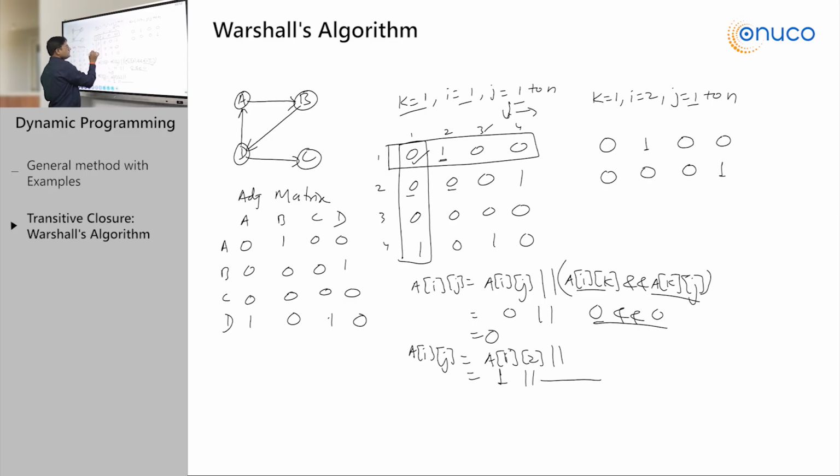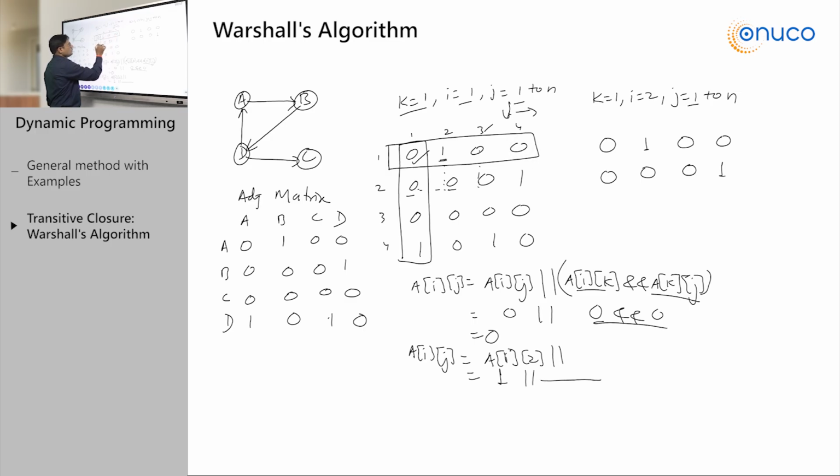Similarly, when you go to the third case, what is the third case here? K is equal to 1, I is equal to 3, j is equal to 1 to 3. And thereafter I will give you a clue. The clue is, if you are going to find out for these positions, check that. One input is 0, the other is 1, it will remain 0. Check with this position. One is 0, the other is 0, it will remain 0.